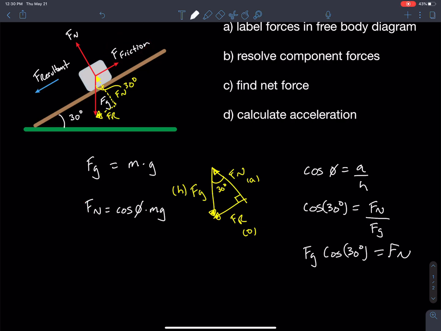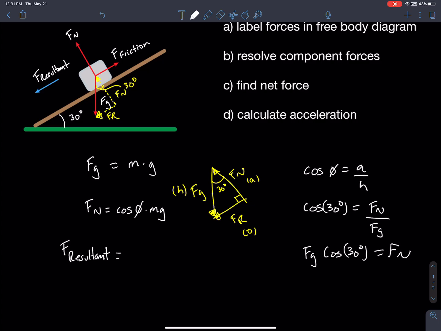Okay, and then if I want to calculate the resultant force, I'll look back at that triangle that we drew. My resultant force is opposite to that angle. So opposite over hypotenuse, that's sine theta.